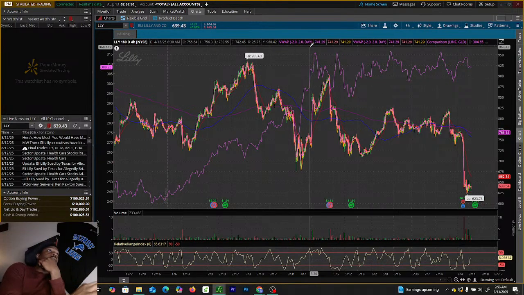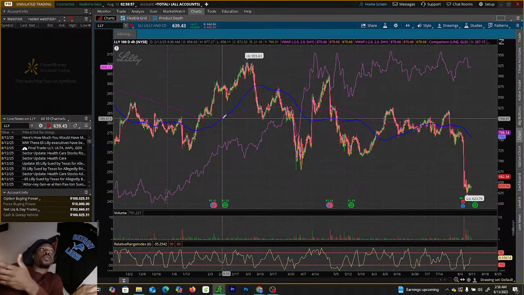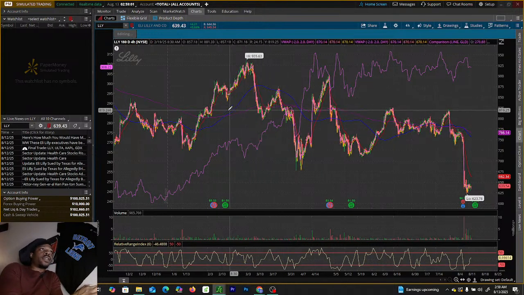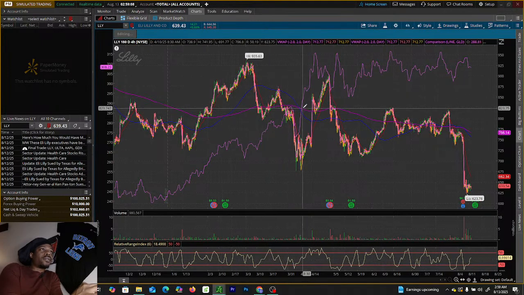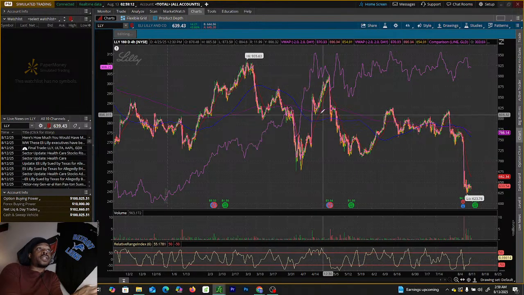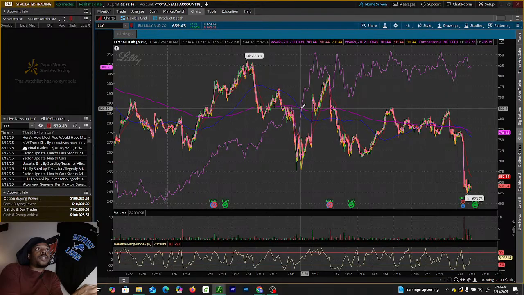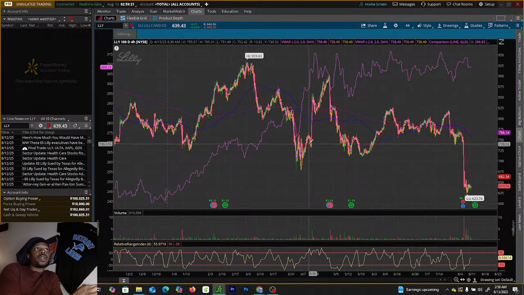If we look at these two lines here, the purple line is the 200-day, and the dark blue or royal blue line is the 50-day moving average, right? When you see the 200-day move above the 50-day, that's a bearish signal. We call it the death cross. And as you can see, when it's crossed, it's extremely bearish to go down, right?